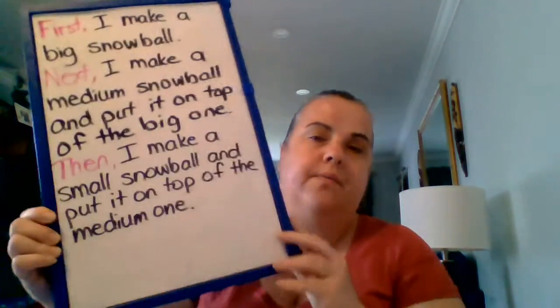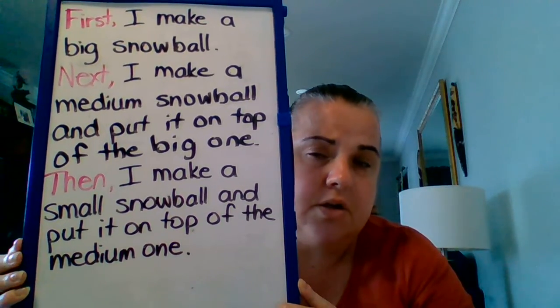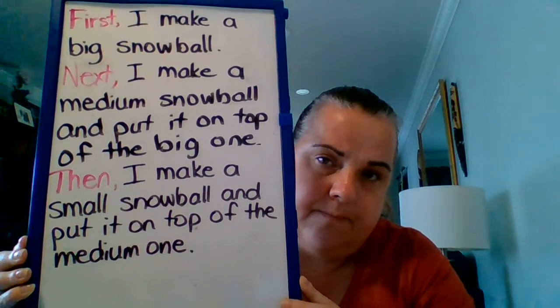Okay? Why do I keep closing my marker when I'm going to need it again? All right, so then I make a small snowball and put it on top of the medium one.